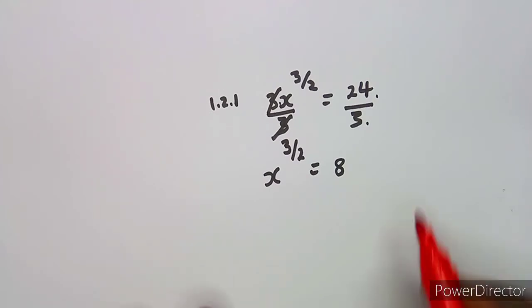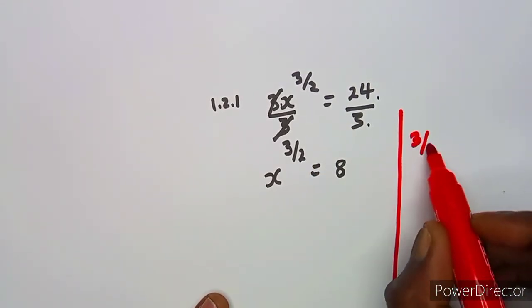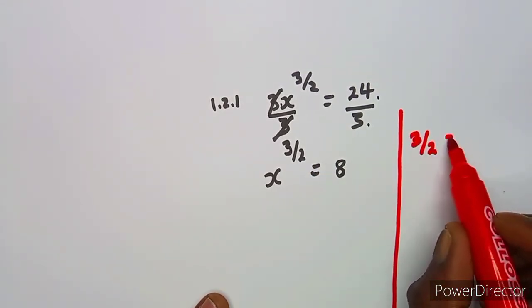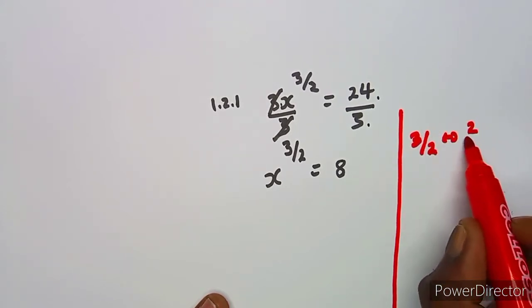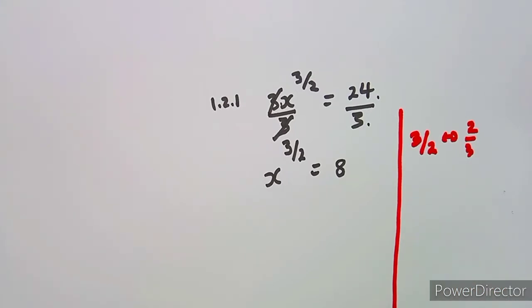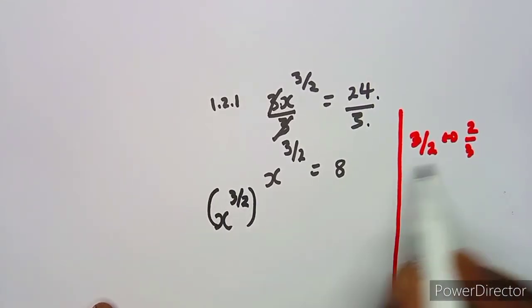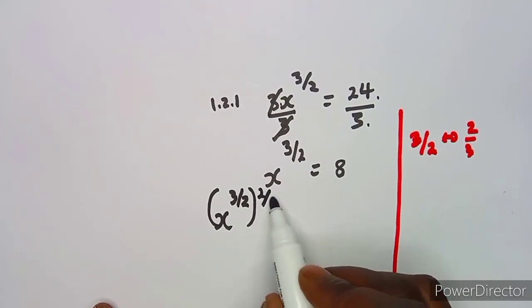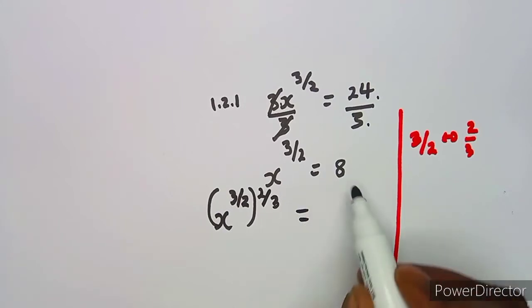So you find the inverse of the exponent, and I told you that for the inverse you simply interchange the two numbers. So it's going to be 2 over 3. You multiply both sides by the inverse. So it's going to be x to the exponent of 3 over 2 by the inverse, which is 2 over 3, which is equal to 8.